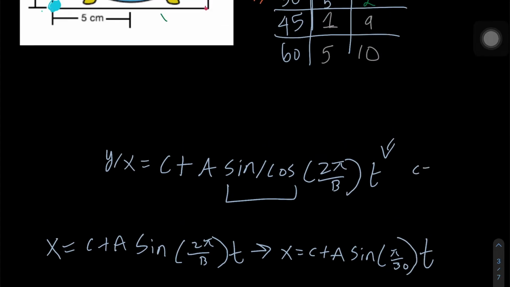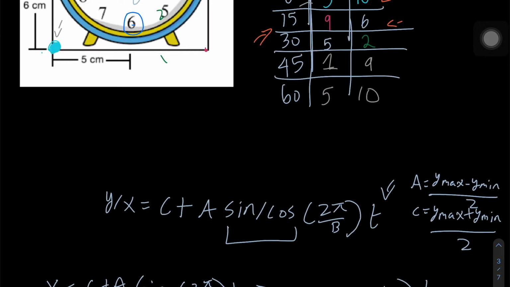We know c equals y max plus y min over 2, and we did this in our last video for the next problem. We also know that a equals y max minus y min over 2. Now let's find our values. Let's do a first. We're doing our x, so it can be x max and x min.